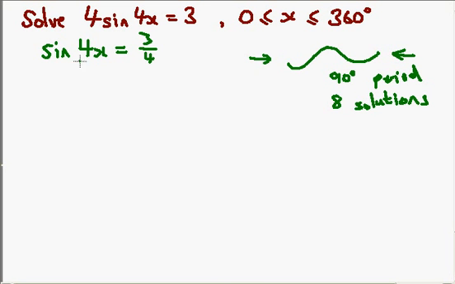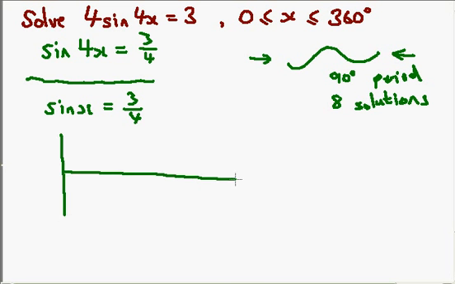Now, first off, ignore the 4x. Let's just have a look at sine x is equal to 3/4. Okay? So, if I'm going to solve this, I draw out my sine curve. 1, minus 1, there's 360, there's 180.